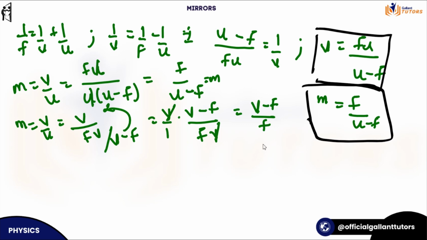Now, there are some graphical representations too, and they work on the principle of y equals mx plus c. This is something you should know from some of the equations in mathematics.